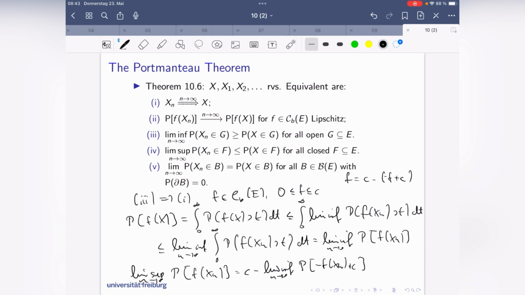And we have shown that the lim inf is bigger or equal to something, but minus lim inf is then less or equal than something. I combine everything, p f of x, so this integral here. So I've now shown that the lim sup is smaller or equal to p, p is smaller or equal than the lim inf, and of course the lim inf is smaller or equal than the lim sup. And I'm done with this.